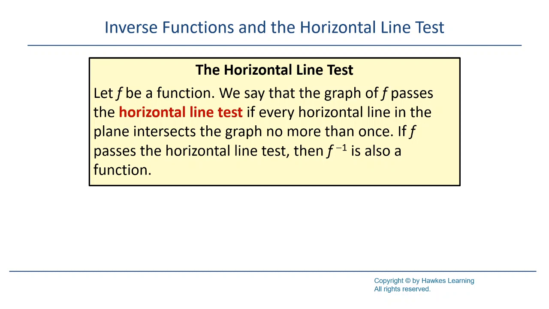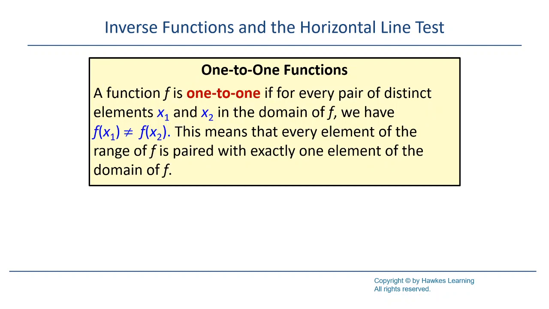The horizontal line test is a simplification of the actual property you need for a function to have an inverse. So that's what the horizontal line test is doing, graphically telling you, does this function have an inverse? And I'll explain more why the horizontal line test works after an example.